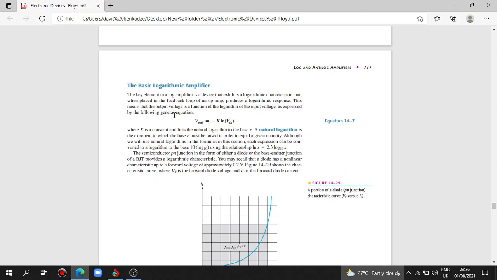This means that the output voltage is a function of the logarithm of the input voltage, as expressed by the following general equation: V out = -K ln(V in). K is a constant, and ln is the natural logarithm to the base e. The natural logarithm is the exponent to which the base e must be raised in order to equal a given quantity.